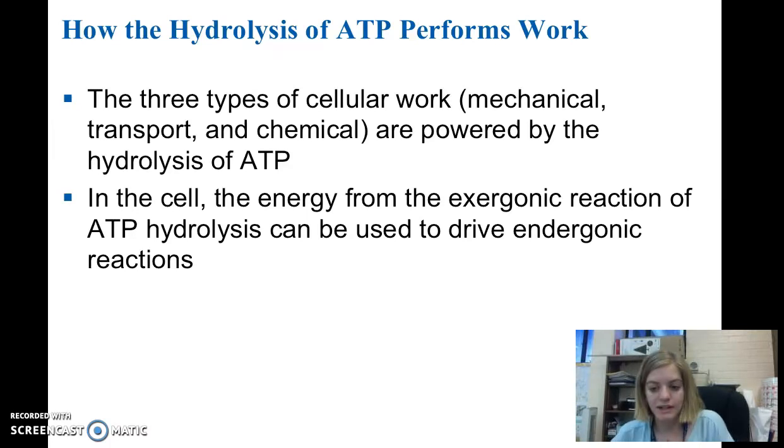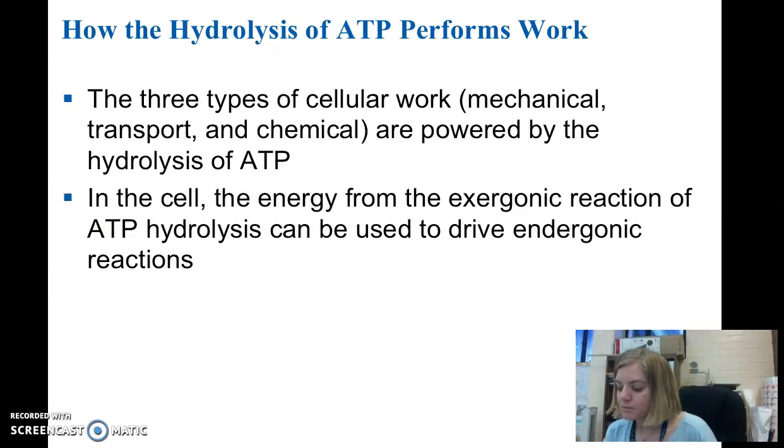So like we talked about at the beginning, a lot of the reactions that have to happen in your body start with the hydrolysis of ATP or incorporate the hydrolysis of ATP into a particular step, because you're releasing that energy that can be used, like it says here, to drive the reactions that require energy.